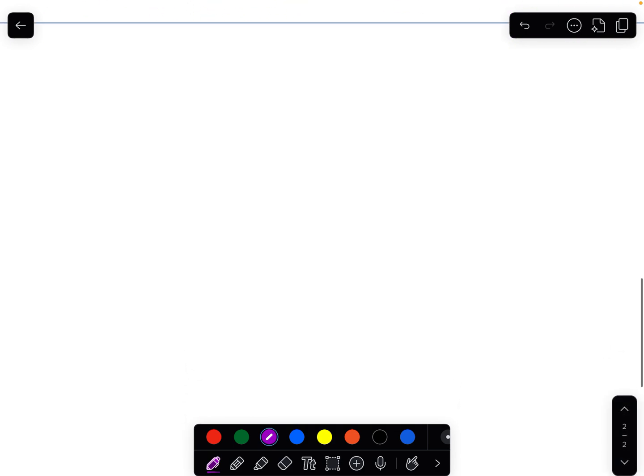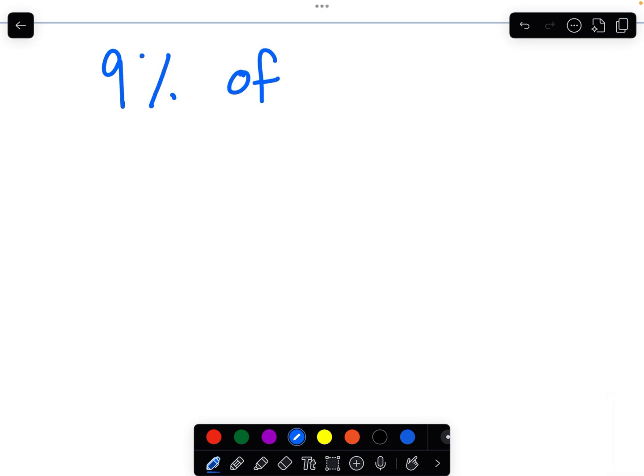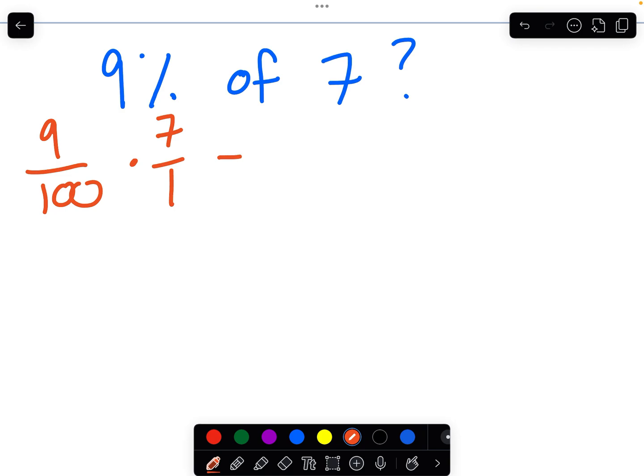Let's do one more, something with harder numbers. What is 9% of 7? Now that is an interesting one. Again, more than one way to solve this. One way is to convert 9% to a fraction, 9 hundredths times 7 over 1.